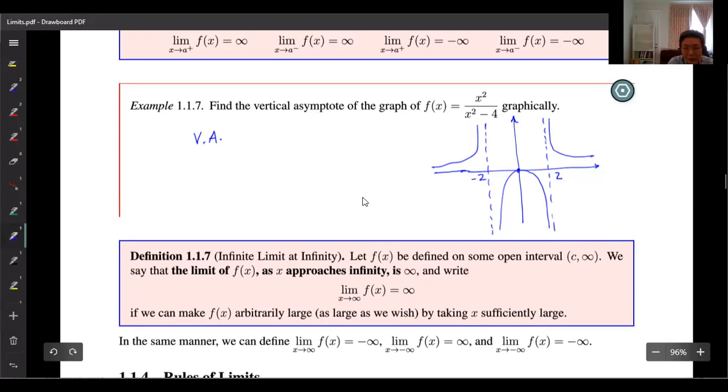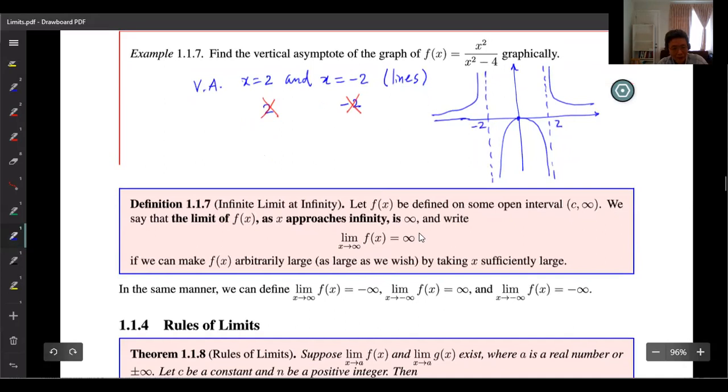So we can easily see these two lines are vertical asymptotes: x equals 2 and x equals negative 2. But again, we never say just 2 and negative 2, because they are lines, not numbers.